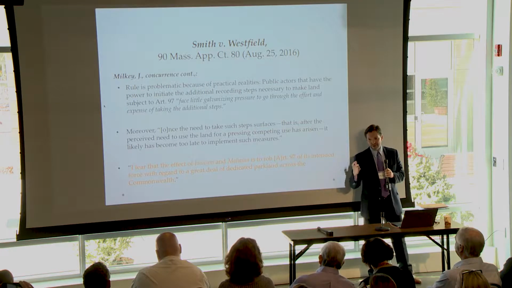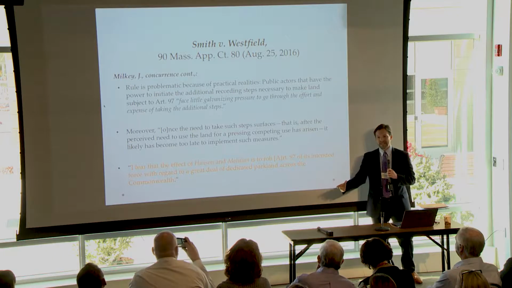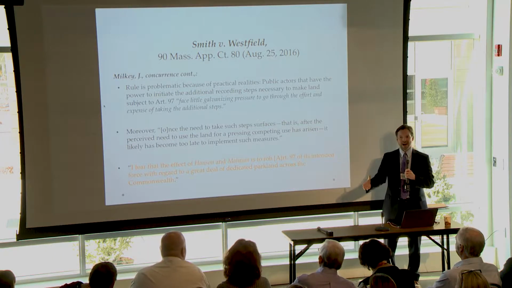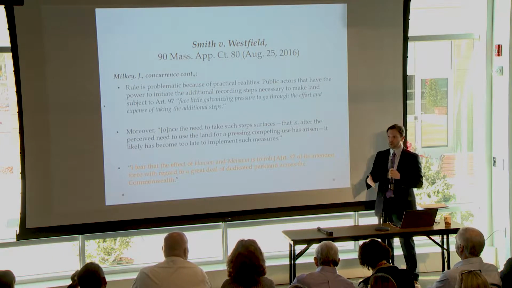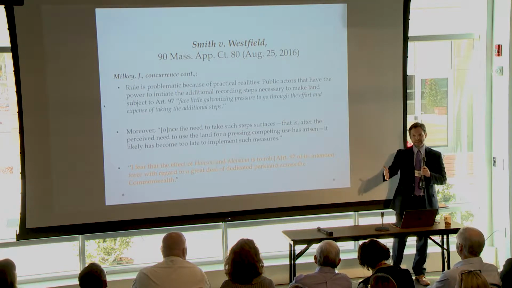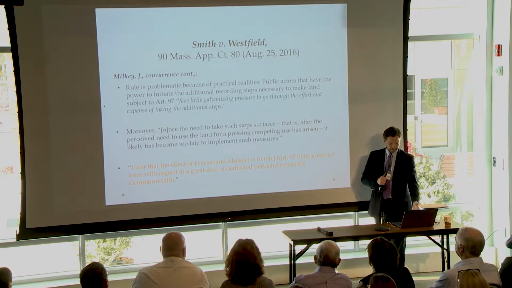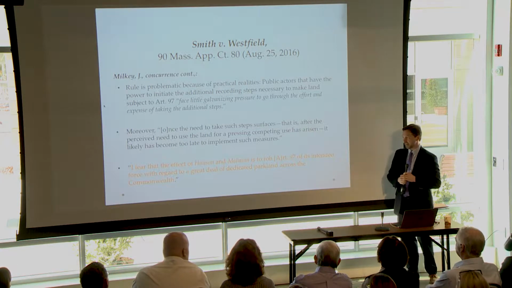Primarily, I think the one that really resonated with me, that just made sense to me, is that if that's the way we're applying Article 97, more often than not, a municipality won't know that a property is not designated for Article 97 purposes until it's too late, essentially. And you see here his language at the end.